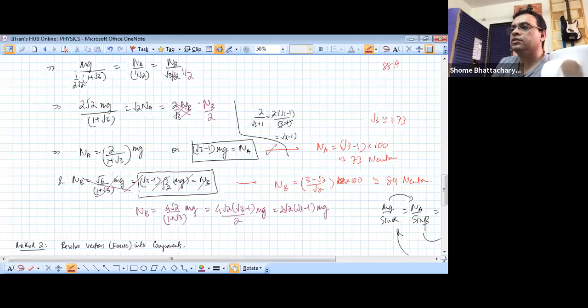Oh, my mistake. So this is becoming half. Wait a second, I got it. Okay, this one will become... this 2 will go in the numerator. Once this goes in the numerator, NB will come out to be how much?